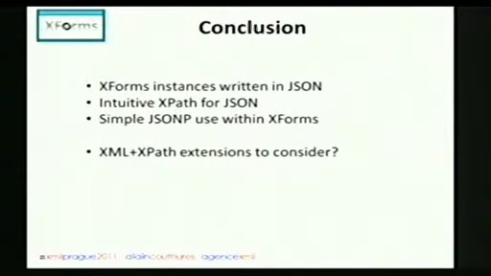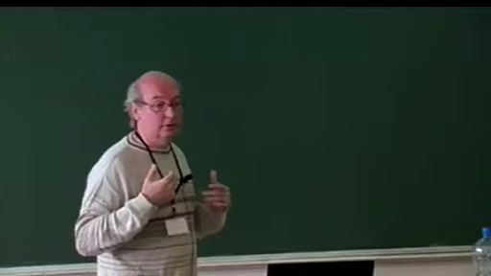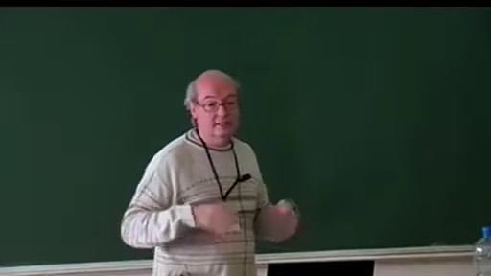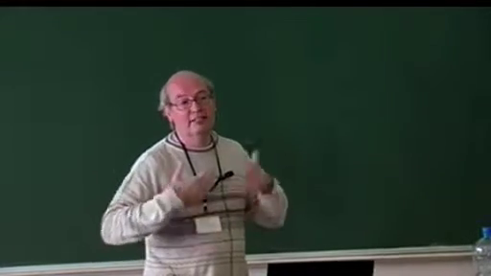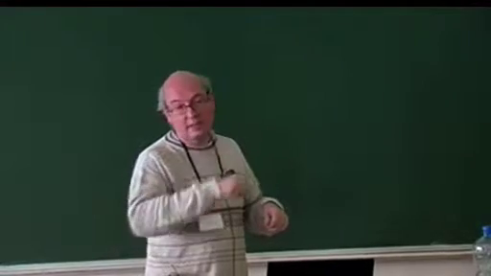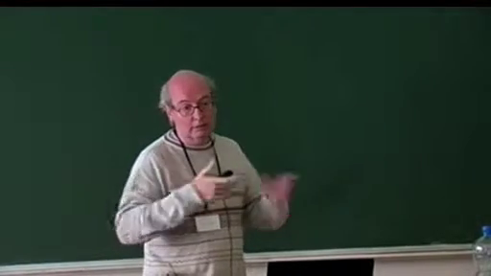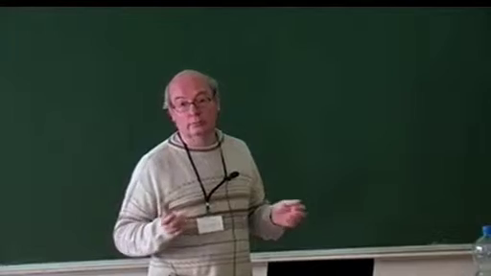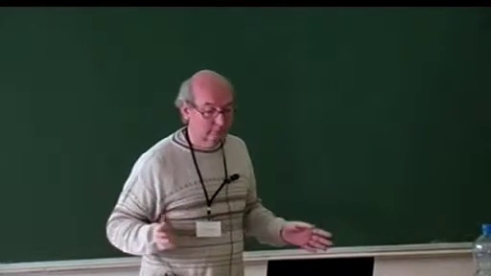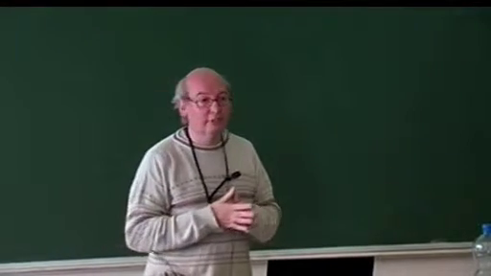And it works with JSONP. Okay, so my question is, what about extensions to consider to facilitate that? The one I listed about names and so on. Okay, thank you.